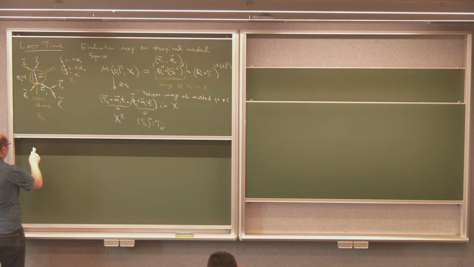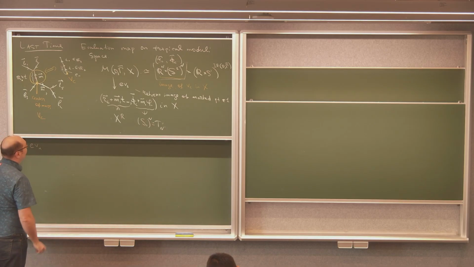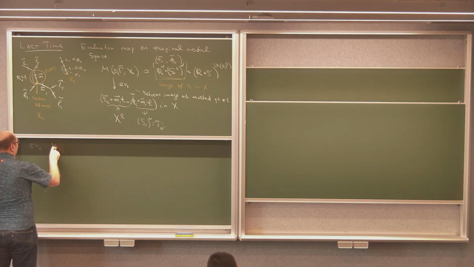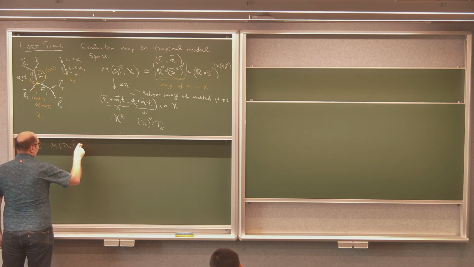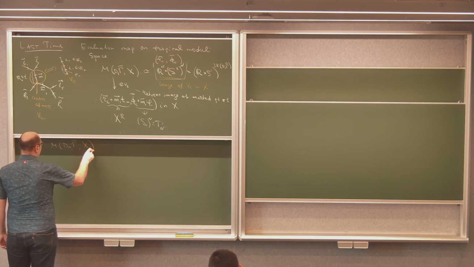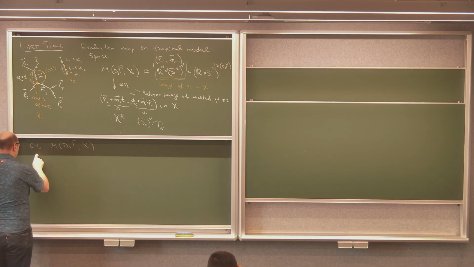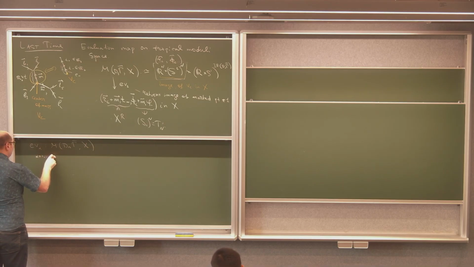So given this evaluation map, we can generalize this construction if we have n marked points. So if we have a tropical curve decorated by n marked points, then we have multiple evaluation maps, one for each marked point.